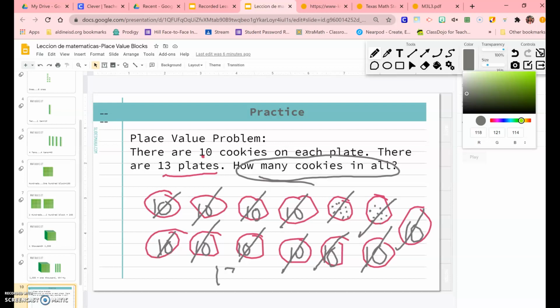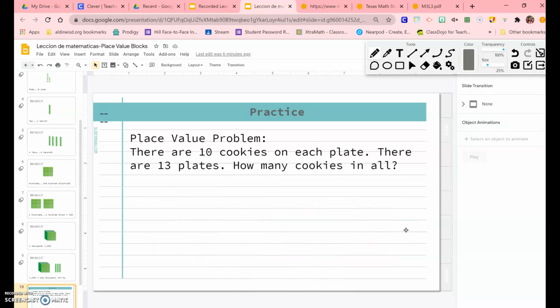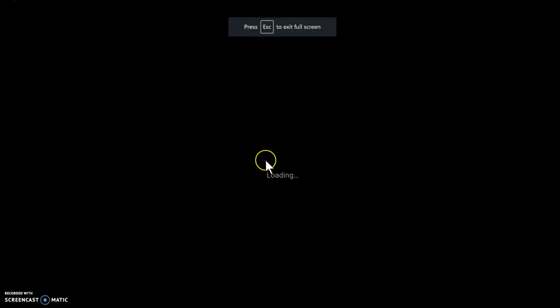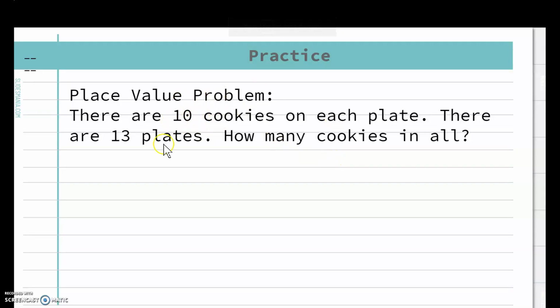So I have 130 cookies in 13 plates. En un plato tenía 10 solamente, pero en 13 platos tengo 130 galletas. Okay? So keep that in mind. I had 130 cookies because I drew my 13 plates and my 10 cookies on each plate, en cada plato. Okay? That's the confusing part. And I practiced that one because you will see something like that in the test.